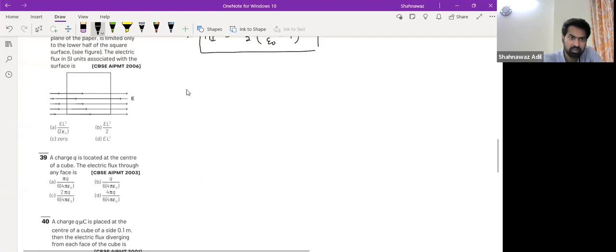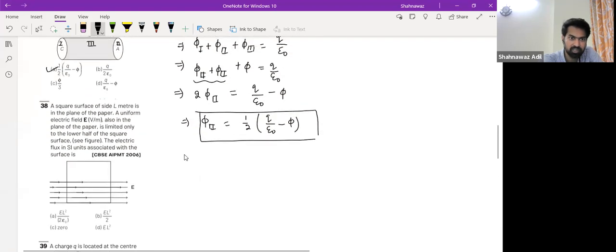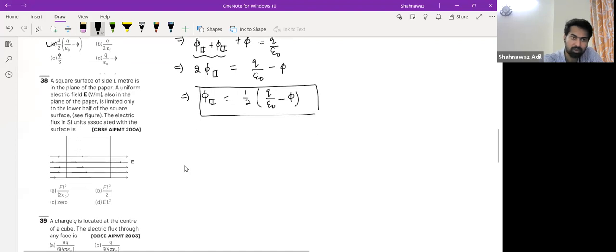Again, a very difficult question. This is a similar question that we have done before. So Rabia and Aisha, you guys tell me what would be the answer. We have a square surface of side L millimeter in the plane of the paper, right?